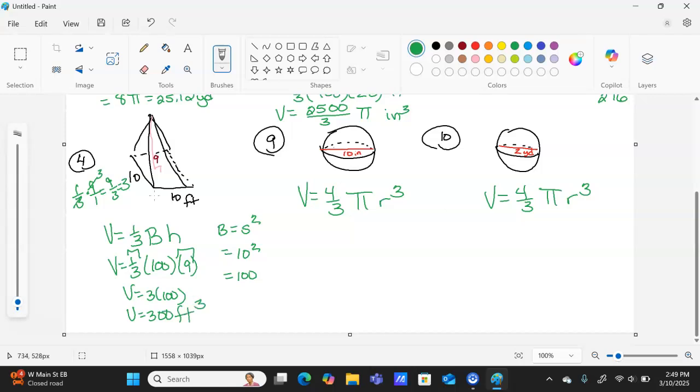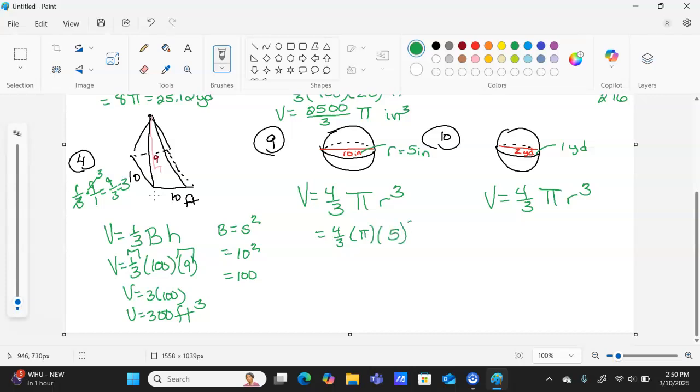And then 9 and 10, here's your formula for the volume of a sphere. On both of these, they gave you the diameter, so you need to find the radius. So we get 4/3 pi. Again, you don't have to put it in parentheses.